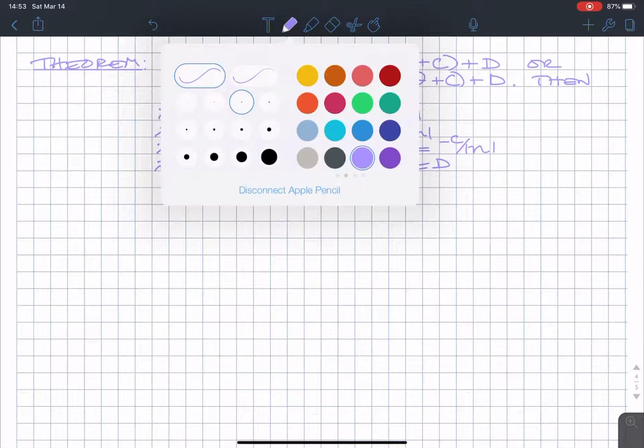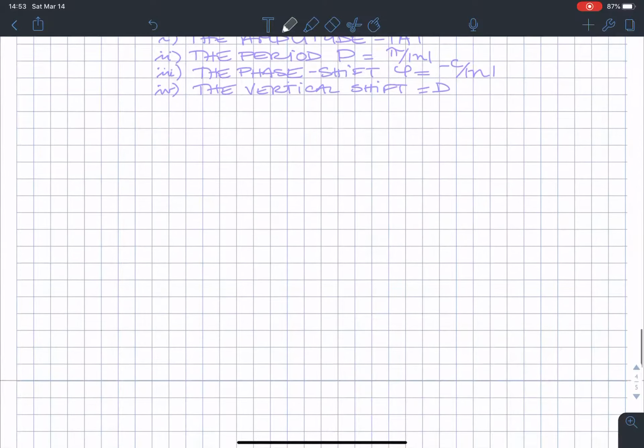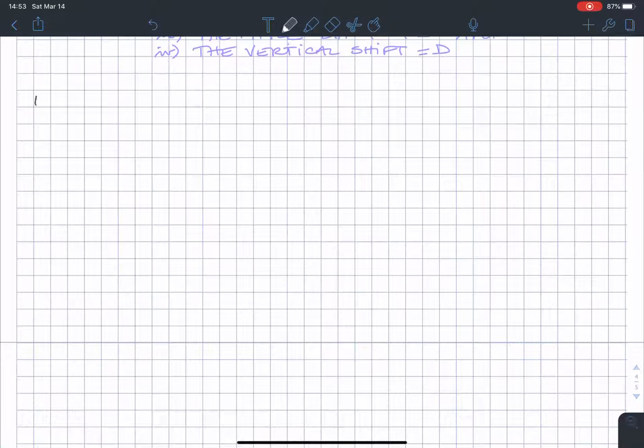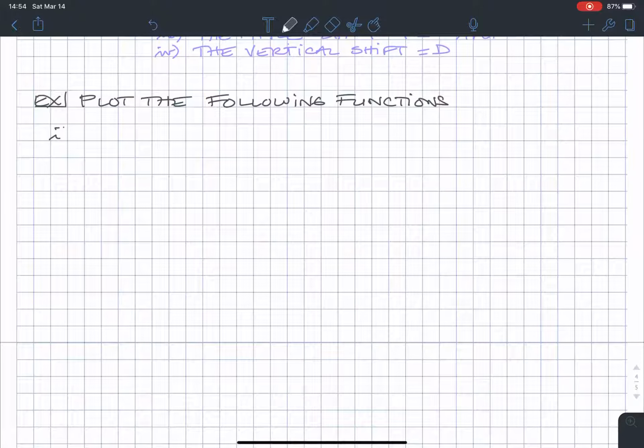Okay, so for example, plot the following functions. Number one, let's plot f of theta is equal to tangent of the quantity 3 theta minus pi over 4, plus 1.